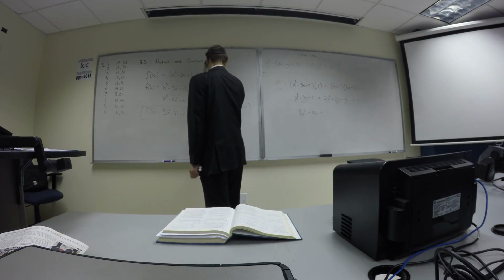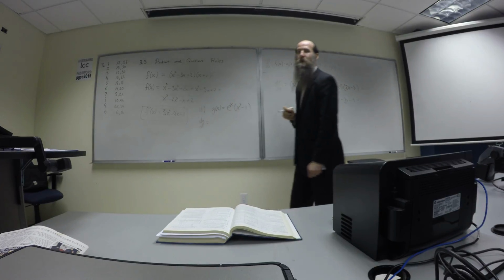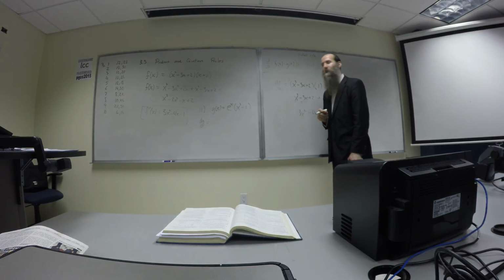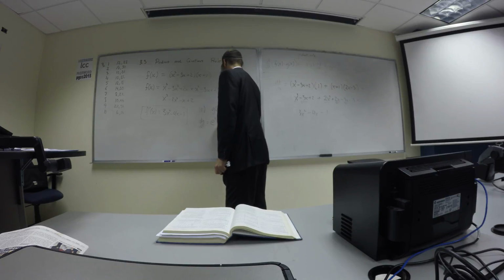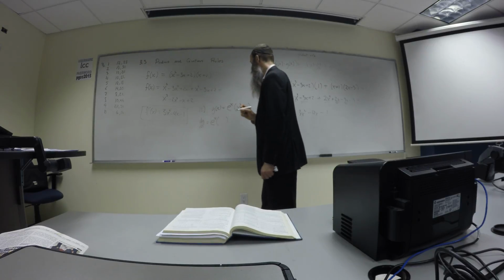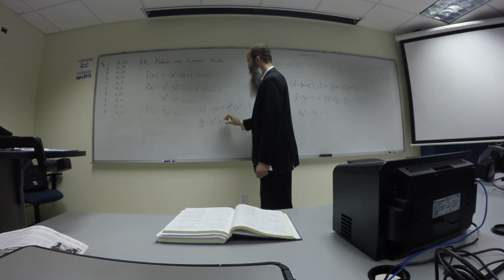So dg dx is going to be... I see this as a product of two functions. The first one is e to the x, and the second one is x cubed minus 1. So it's the first times the derivative of the second. What's the derivative of the second? 3x squared. And this is faster if you just think like that on your feet. It's faster than writing the full notation.